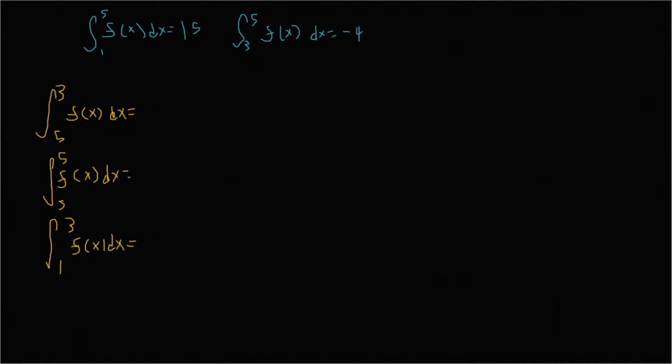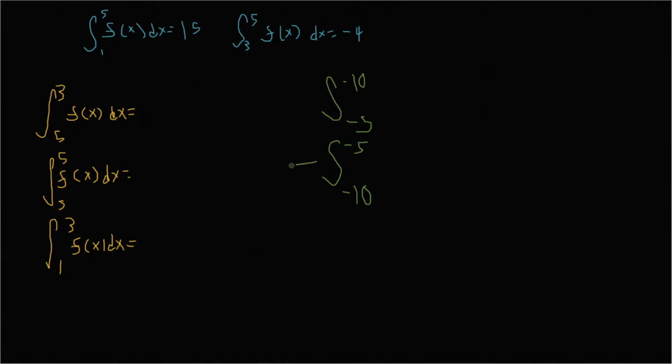Alright, let's do this in green pen. So we have the integral from 5 to 3. That almost looks like this. A property of integrals is that if you have some weird bounds, you can flip these bounds, so that you can actually just substitute in values. So this is going to be from negative 10 to negative 5.